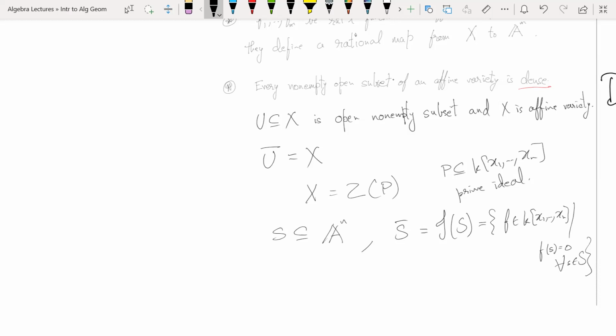So S closure is not this. You look at I(S), and then S closure is just Z(I(S)).